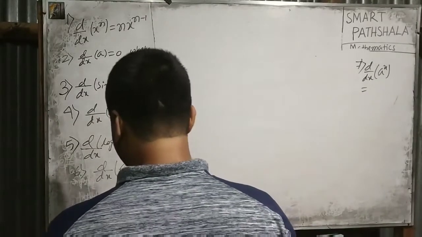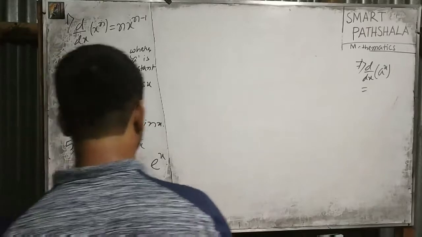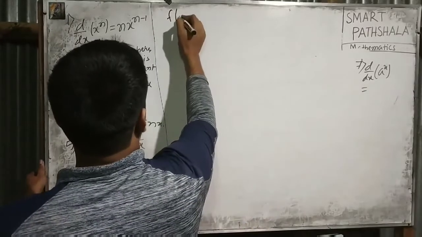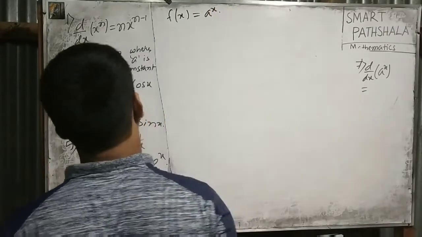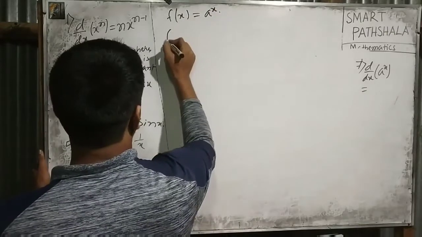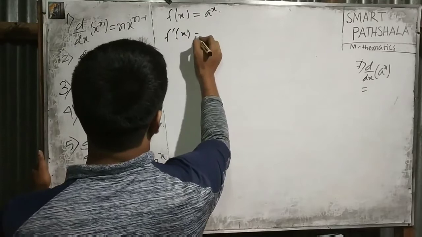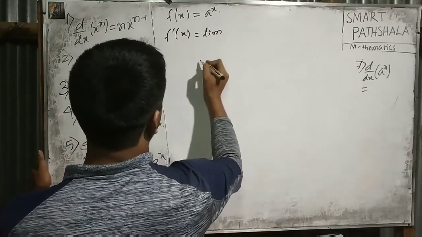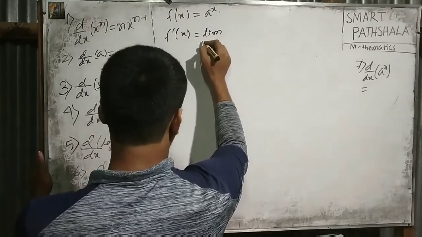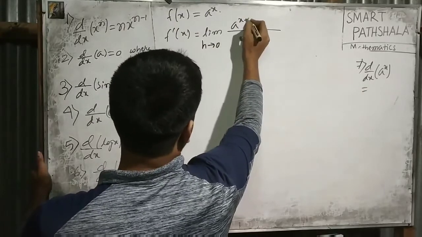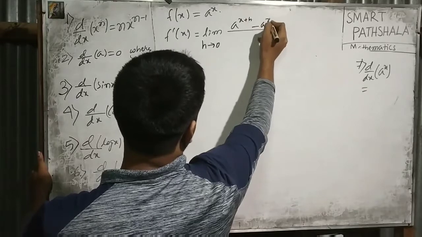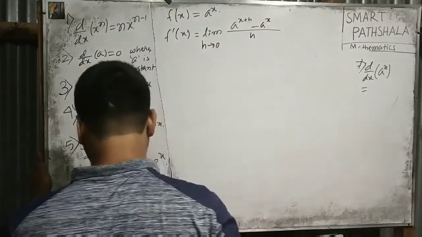Now, it's given in the situation that f of x is a function of a to the power x. Now, if we are calculating f dash x, then we will write limit of h tending towards 0, a to the power x plus h minus a to the power x by h, right?